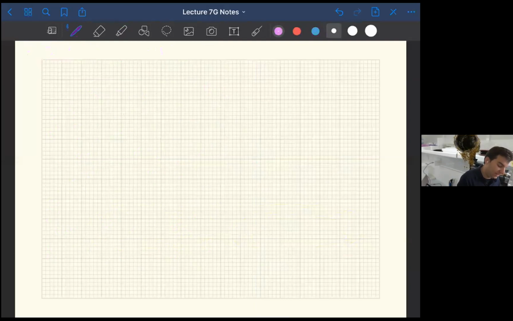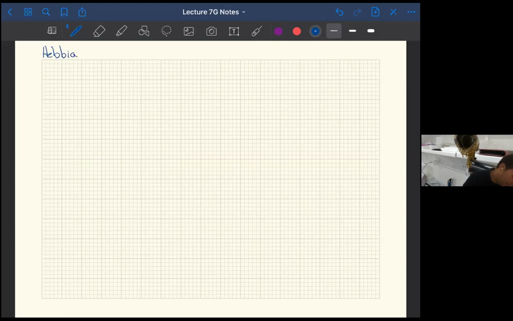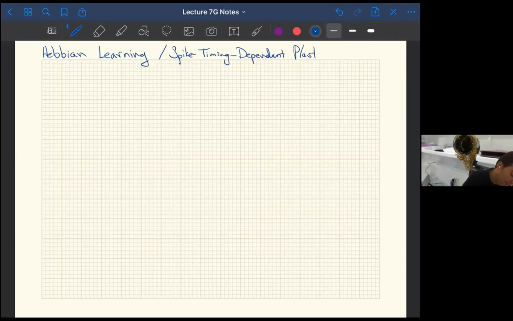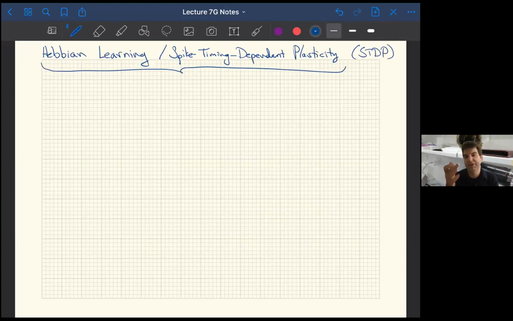Last time we left off, we talked about how Hebbian learning, which is related to spike timing dependent plasticity, or STDP, is viewed as a conceptual model to think about how spiking neurons, real neurons, end up adjusting their synaptic weights based on their real-time experience with the world.